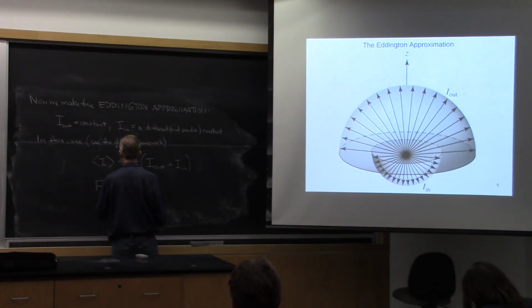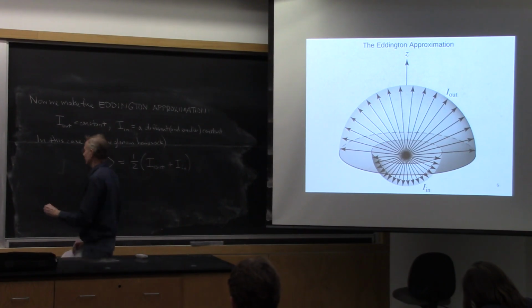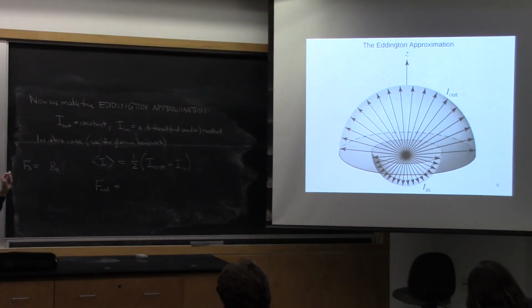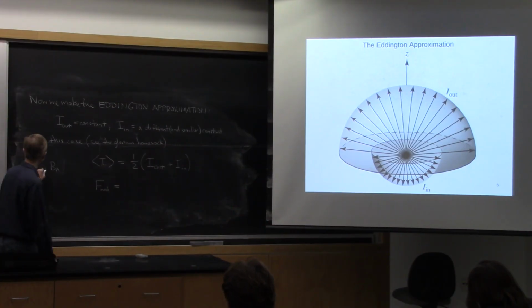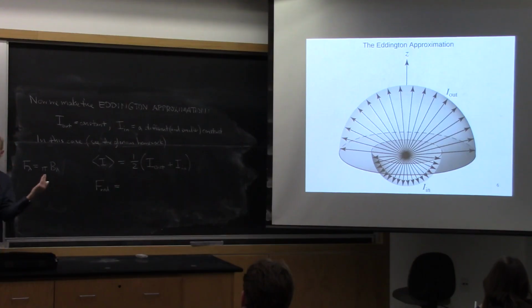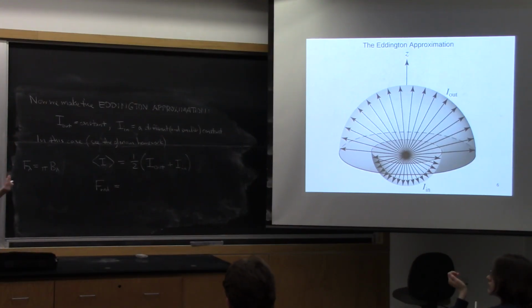F rad is, so you may remember for black body radiation, F lambda is what times B lambda? Pi times B lambda, and this is true for any isotropic radiation field.